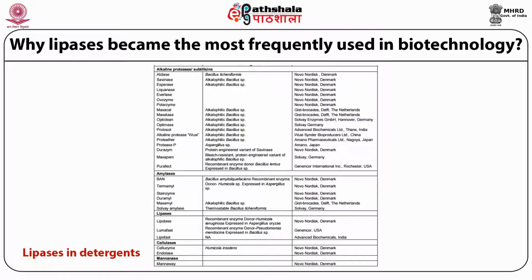It was in 1988 that Novozymes introduced Lipolase, a lipase for adding to the detergents. Around 1994, Gist-Brocades, another company at that time, introduced Lipomax. Another company called Genencor International introduced Lipex. Both were lipases tailored for incorporating in detergents.